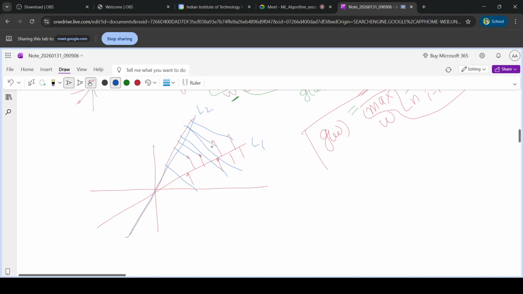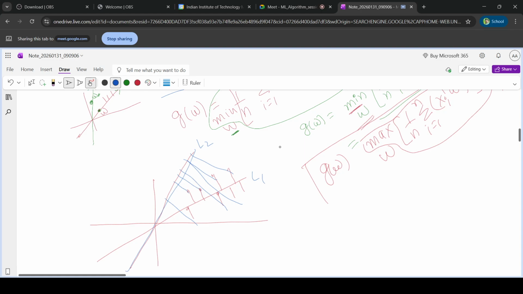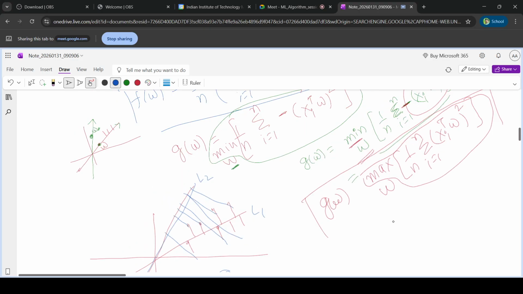Instead of calculating the summation, you can also do one thing here. Try to get the w which gives you the max of 1 by n summation of i equal to 1 to n of xi transpose w square. Instead of doing the summation of the proxies, this is a little bit bigger equation.